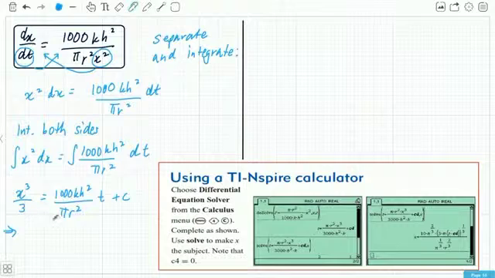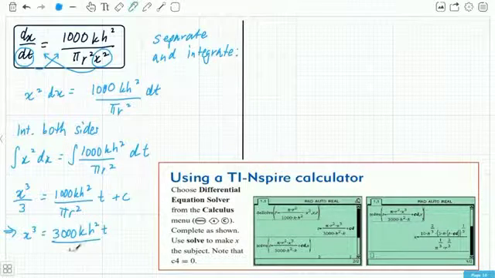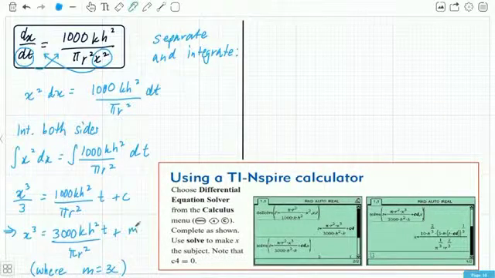I'm now just going to rearrange this so I get x cubed on its own, bring the 3 up, so we'll have a 3000 on the top over pi r squared, plus, I'm just going to relabel this as m, and the reason I've done that is I've just said that m equals 3 times c. Just makes it a bit neater so I don't have a 3c there, that's all. And I'll do this in red, put a box around that.